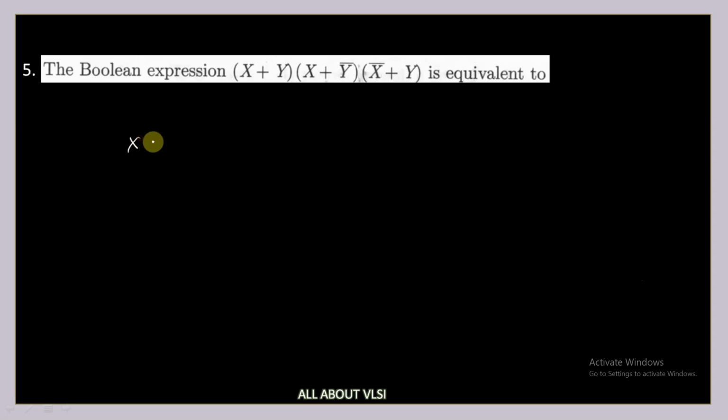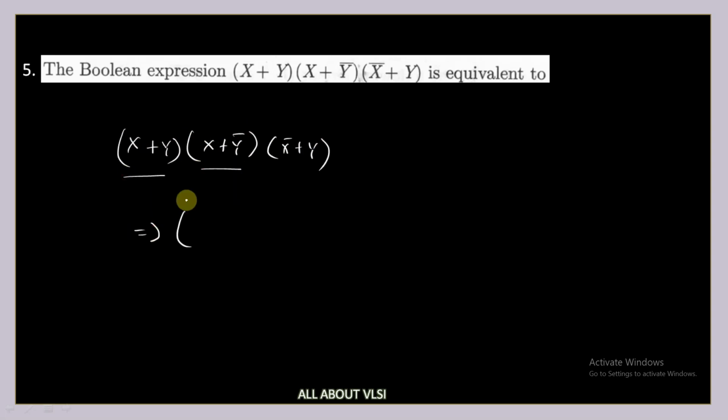This is (x + y) into (x + y bar) into (x bar + y). Okay, and we can multiply these two terms. So what we are getting: x + xy bar + xy + y into y bar is 0 into (x bar + y).